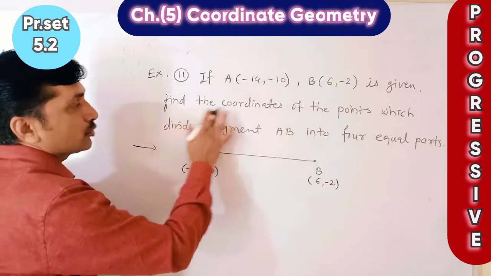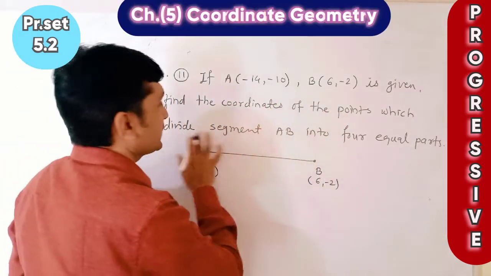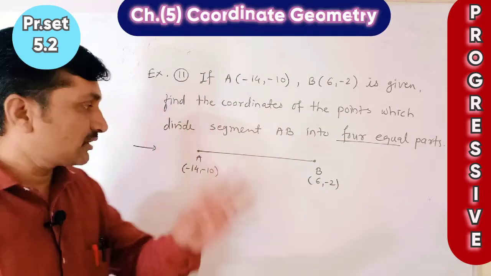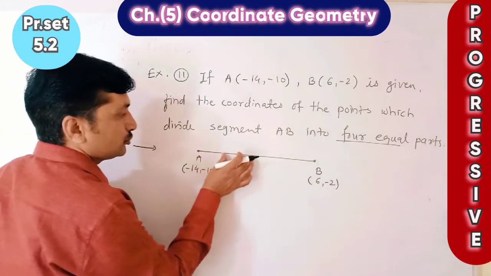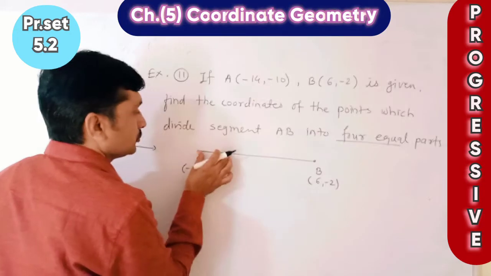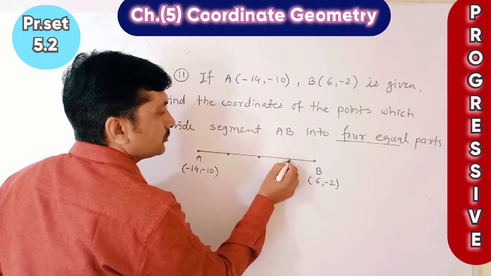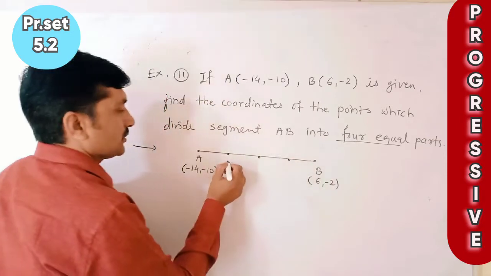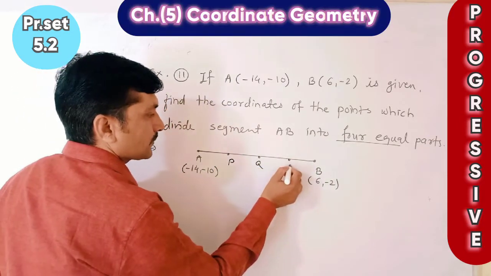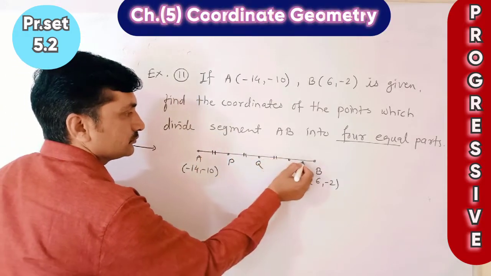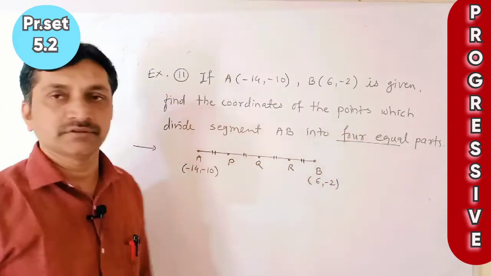Now find the coordinates of the points which divide segment AB into four equal parts. We have to make four equal parts, with points P, Q, R, and all four parts are equal.